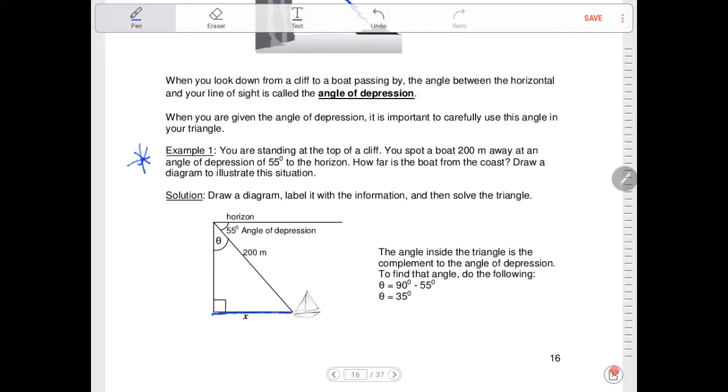But the point is, you see, this person's right here. If they look straight out, as we know, that's 0 degrees. It says here the angle of depression is 55 degrees. So that is the angle, like I just said, between the horizontal and the line of sight down to the boat. And as you can see, that's 55 degrees.